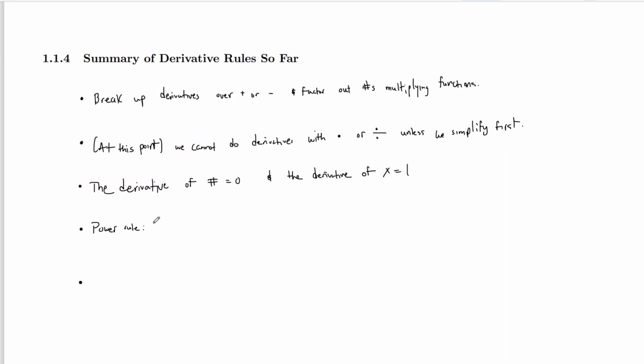The power rule says bring the power down and then subtract 1 for the new power. And if you like the formula, d over dx of x to the n equals nx to the n minus 1.